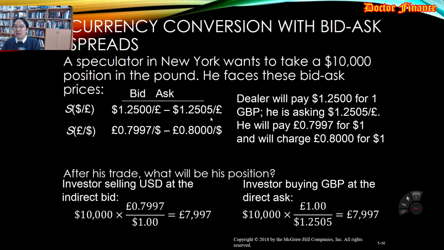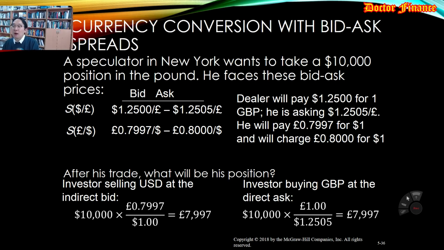The dealer will pay $1.25 for 1 British pound when he's buying British pounds from you, and he's asking $1.2505 per pound when he sells British pounds to you.